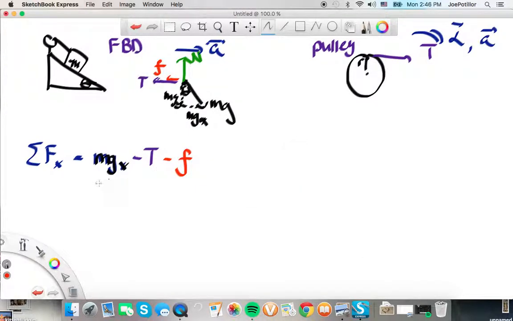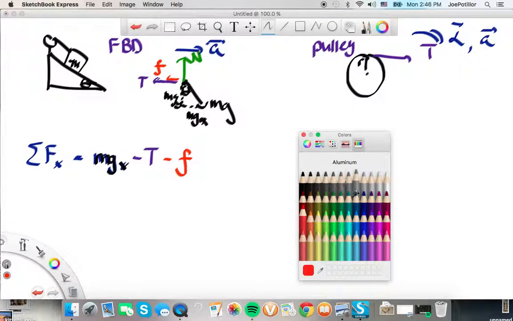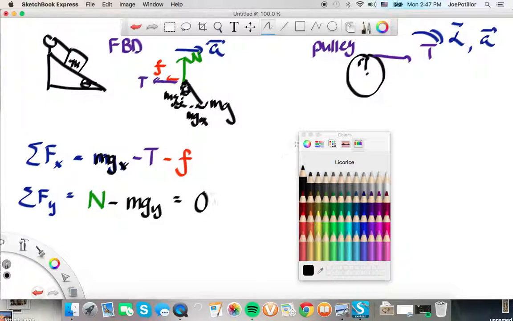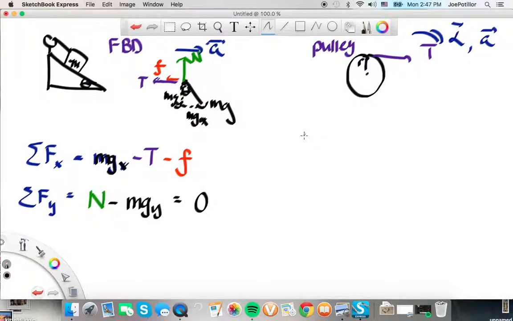Then we have some forces in the y direction, which is normal force minus mg y, equals 0. Why? Because the block is not jumping off the track at all.